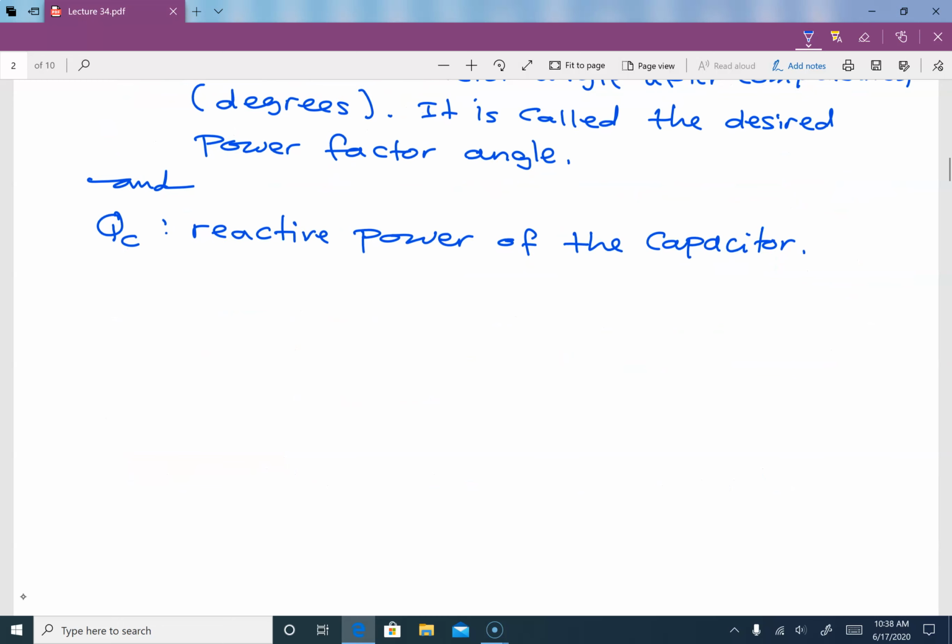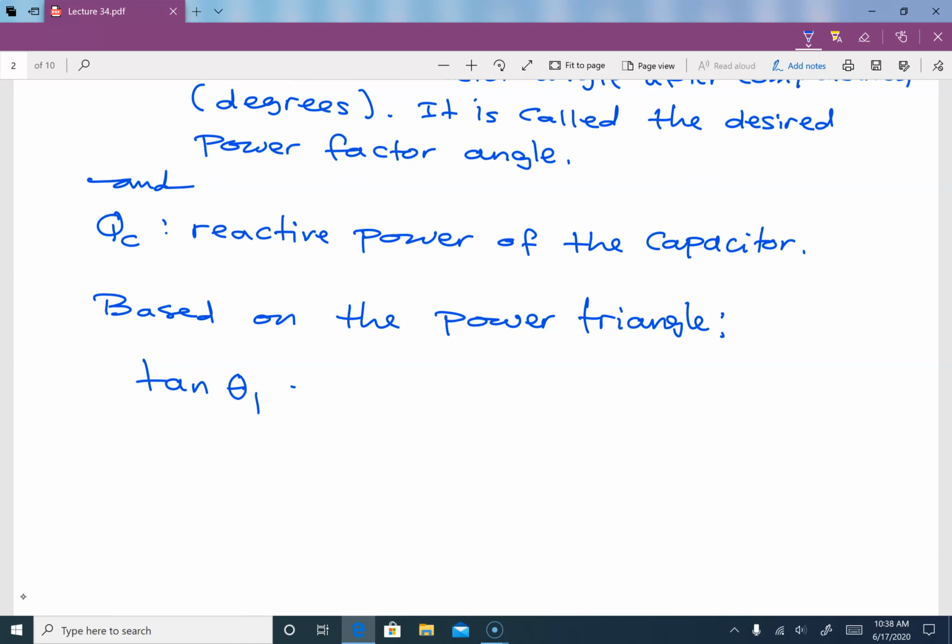So based on the power triangle, we can say tangent theta 1 is equal to Q1 over P1. And this will give us Q1 is equal to P1 tangent theta 1.